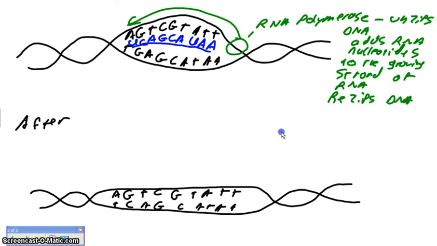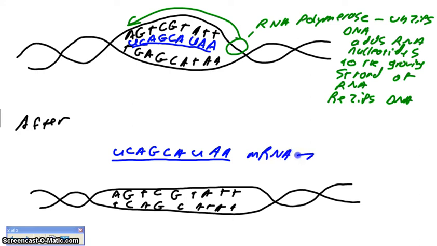But then we're also going to have our RNA. We're going to have U, C, A, G, C, A, U, A, just like that.